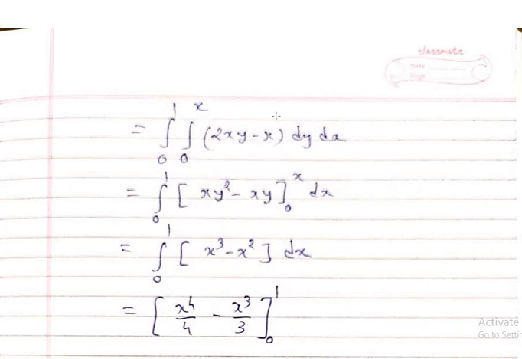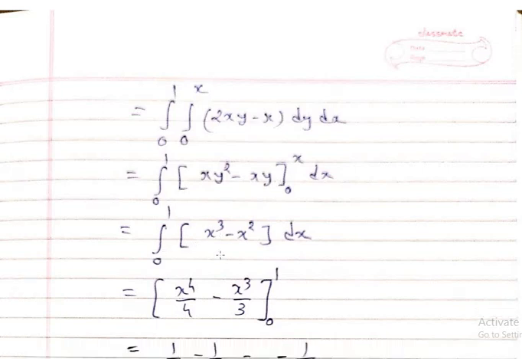So the first integration is with respect to y. Integration of y is y square by 2, and that will give you xy square, minus x times the integration of x with respect to y, that is x into y. First put the upper limit x, then you have x cube minus x square, and if you put the lower limit 0, then both terms will be 0.